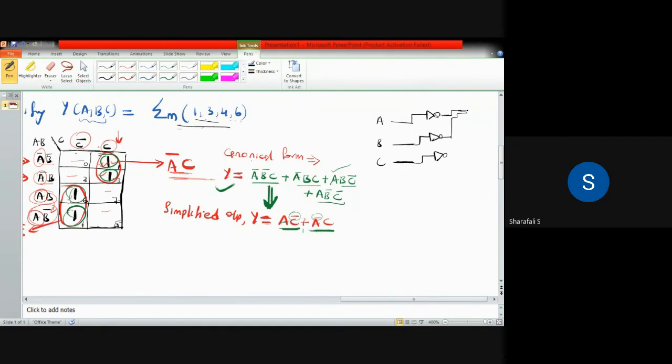I'm just taking an AND gate. I will be getting A bar, B bar. The first one is C, so C I have to take.